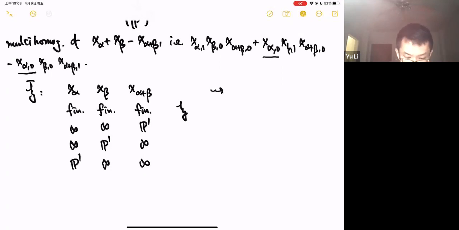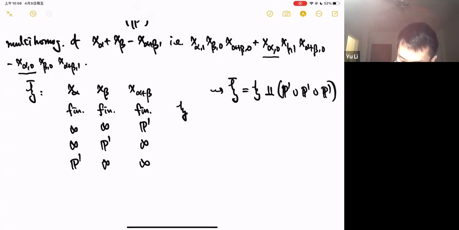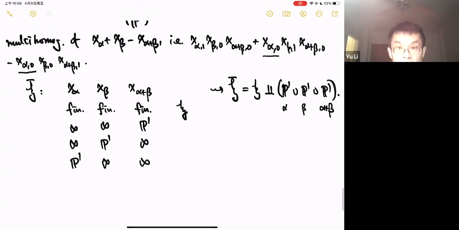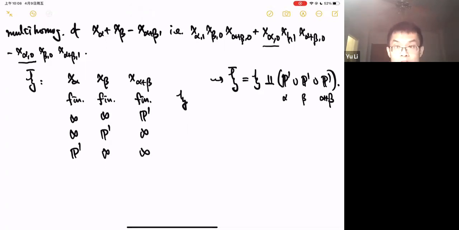So this tells me that H bar is H disjoint union with 3 copies of P1. And the 3 copies of P1 correspond to alpha, beta, and alpha plus beta. Okay, is this clear?